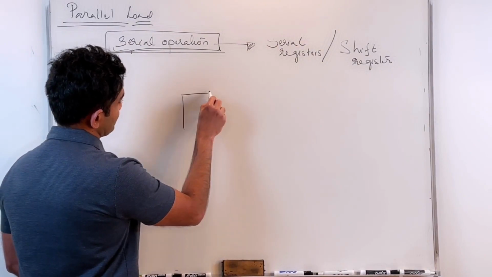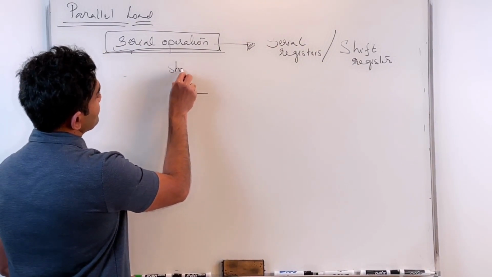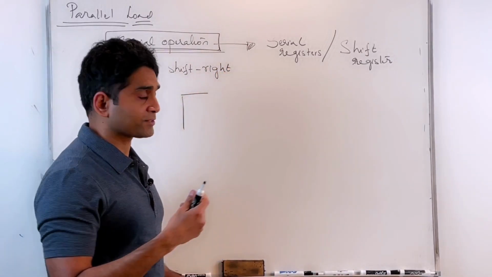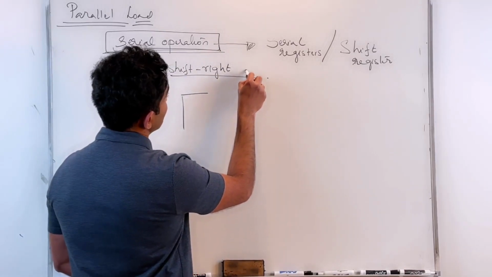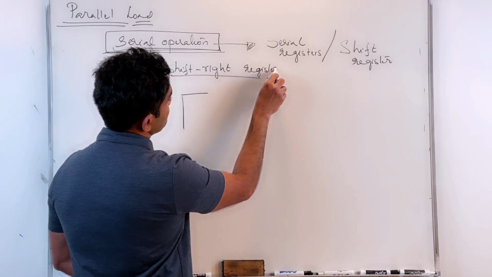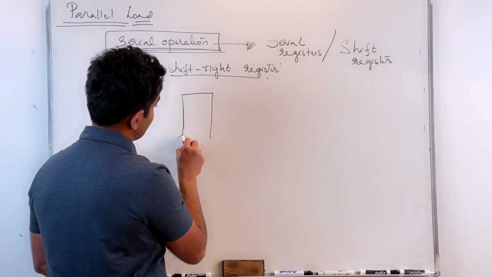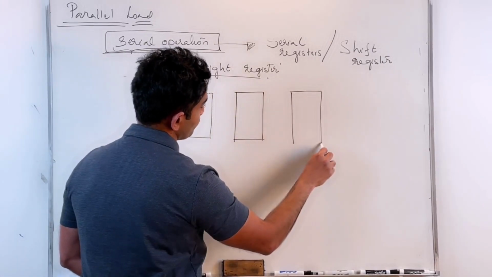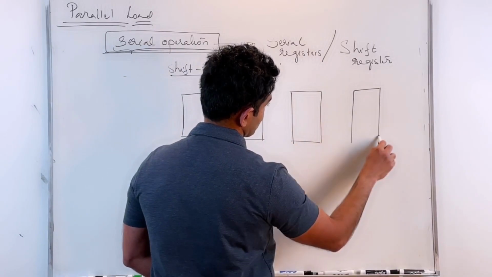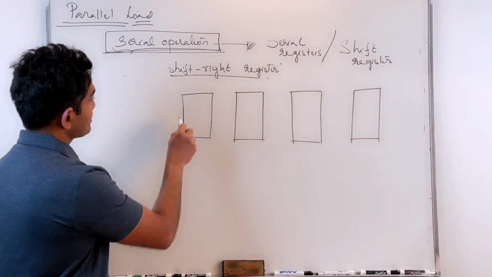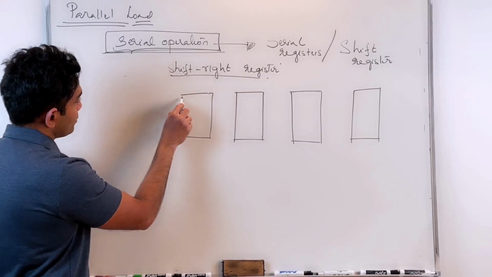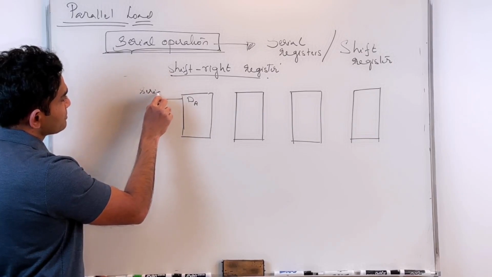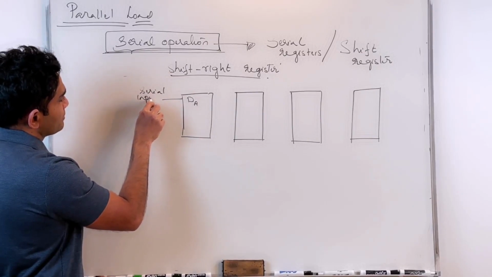So let's say I'm trying to build a shift right register, because when I'm trying to shift data, I can shift right or shift left, right? So let's take the example of a shift right register. In this case, let's say I'm trying to construct a 4-bit register. I have 4 flip-flops, and that's my serial input. So I would connect my DA to the serial input line.